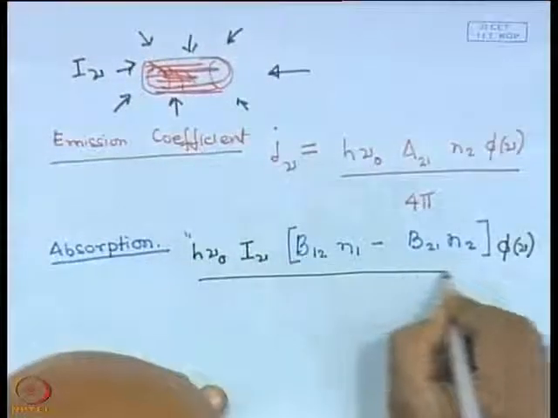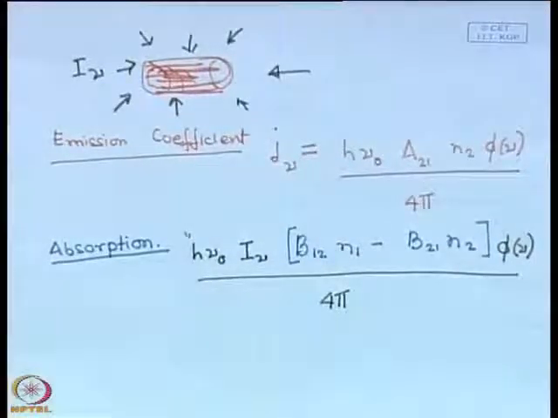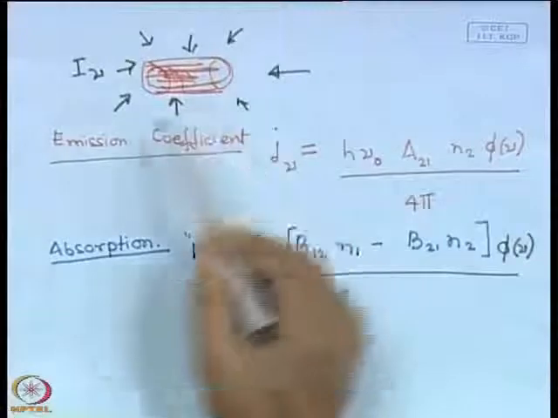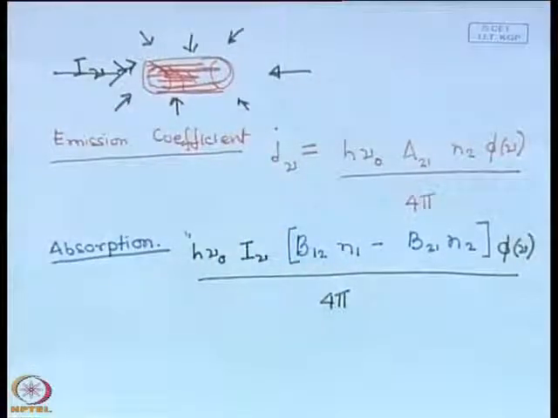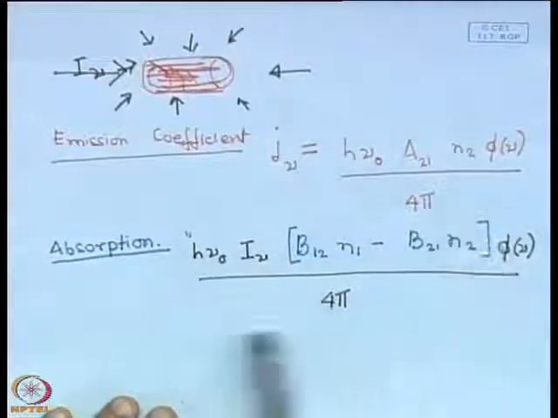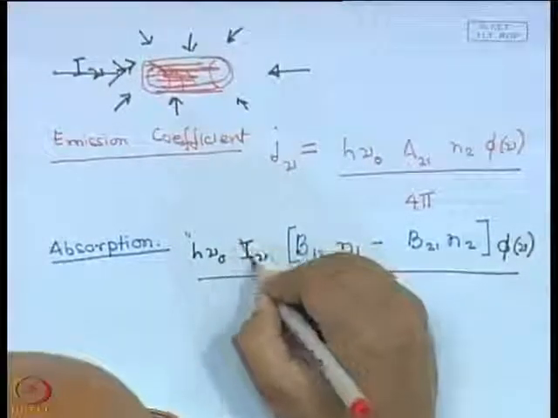So, I have to divide it by a factor of 4 pi to take into account the absorption from a particular ray. From here you can identify that the absorption coefficient is essentially this.